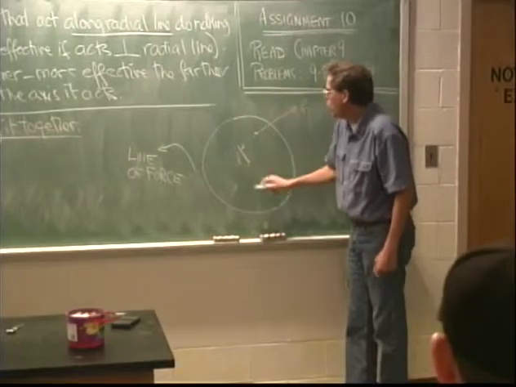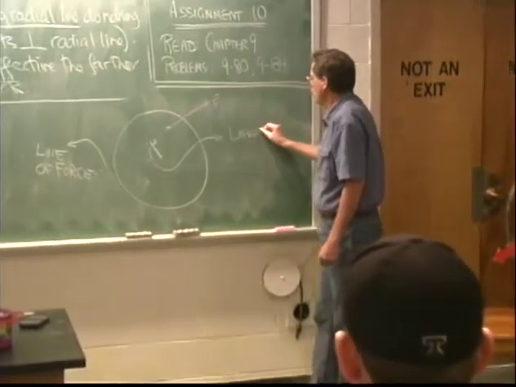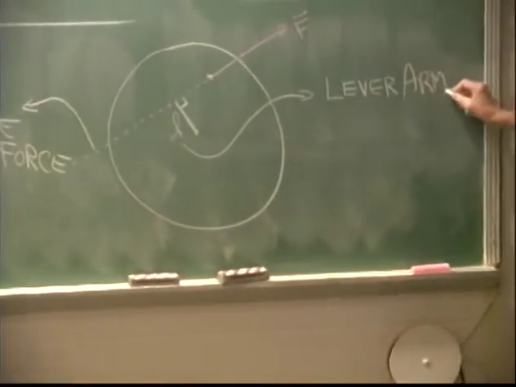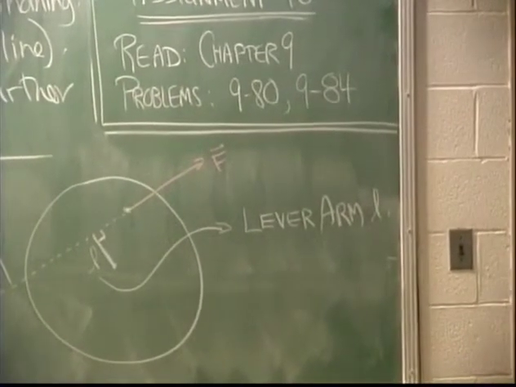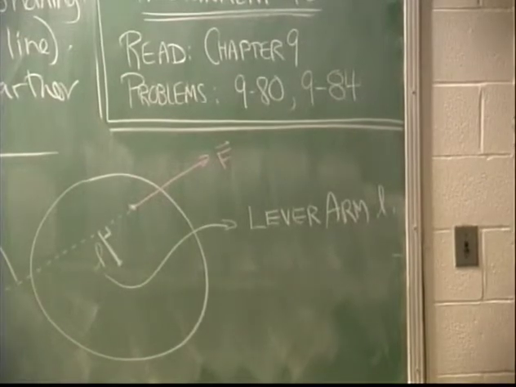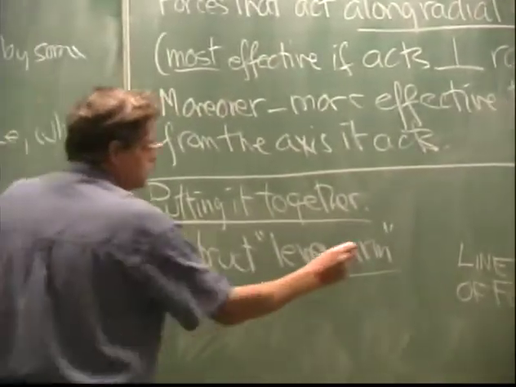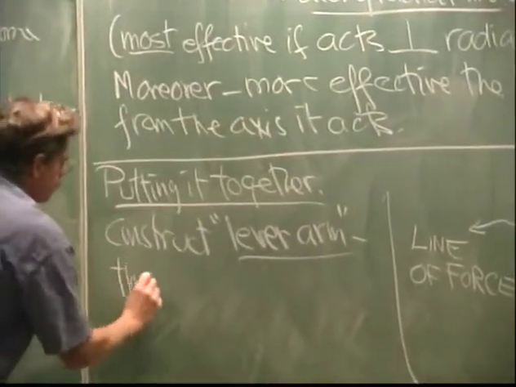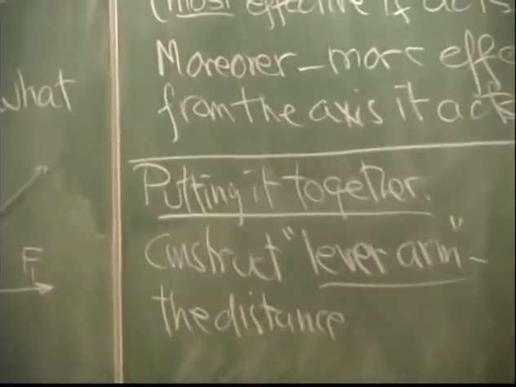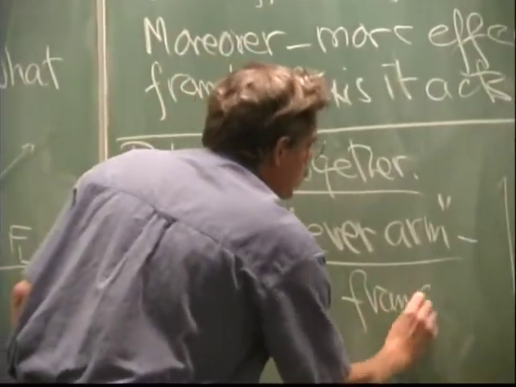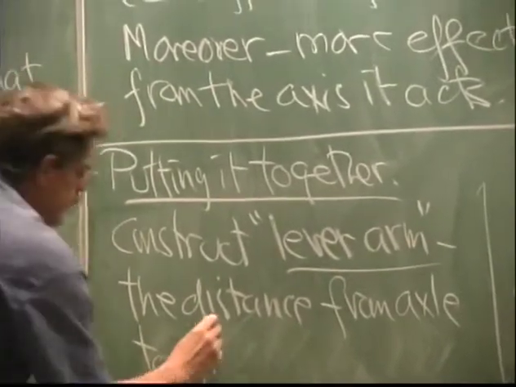We'll call that L, and it's known in the business as the lever arm. So, lever arm is the distance from the axle to the line along which the force acts.